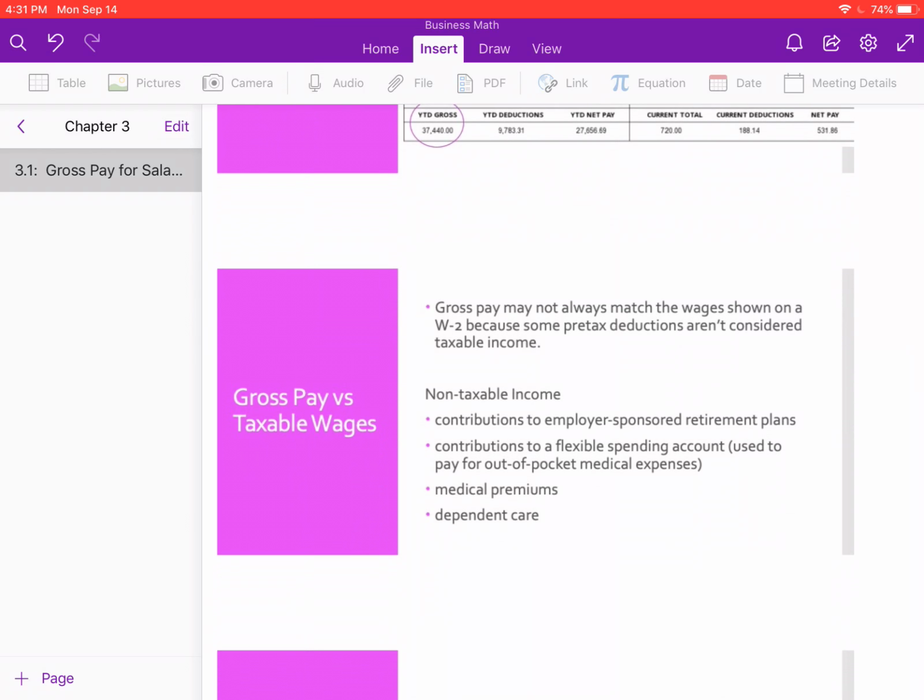Gross pay may not always match the wages shown on a W-2, the form that you fill out for taxes, because some pre-tax deductions aren't considered taxable income. Some examples of non-taxable income could be contributions to an employer-sponsored retirement plan, contributions to an FSA that you use to pay for out-of-pocket medical expenses, medical premiums, and dependent care.